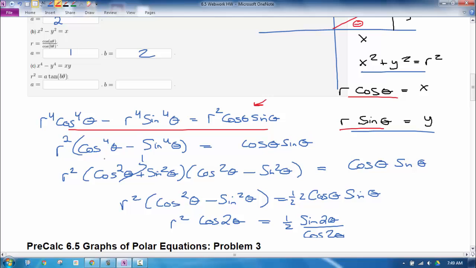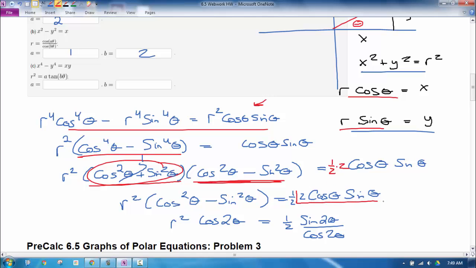And then this I can factor into a difference of two squares. I can make it cosine squared plus sine squared times cosine squared minus sine squared, where this is just 1. It's a Pythagorean identity. And then this, like we talked about before, is the cosine of 2 theta. So I made that cosine of 2 theta. And then on the right side here, this is the tricky step, but I put 1/2 times 2 in front because that's just 1. The reason I did that is because this right here is an identity on our formula sheet as well.